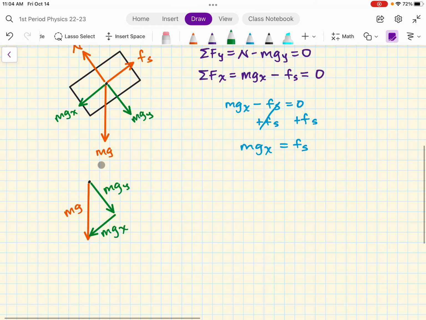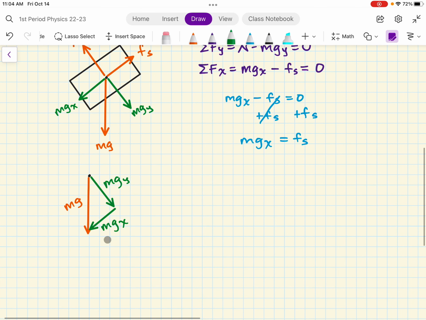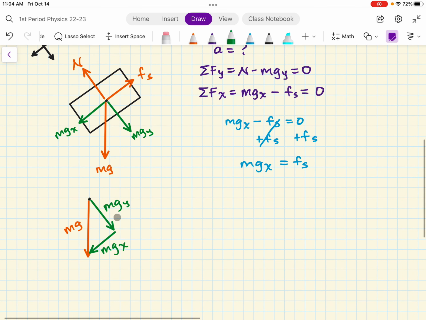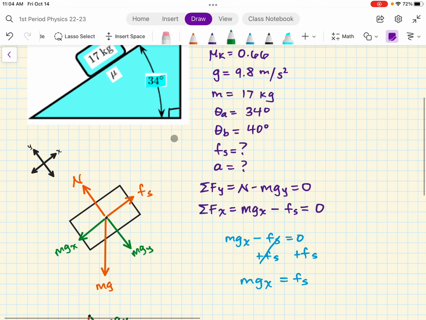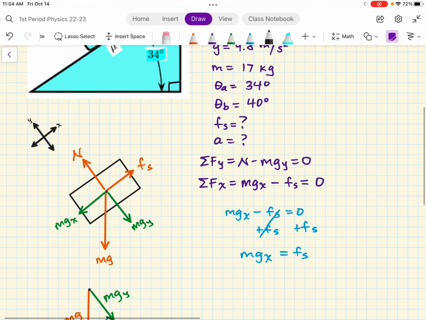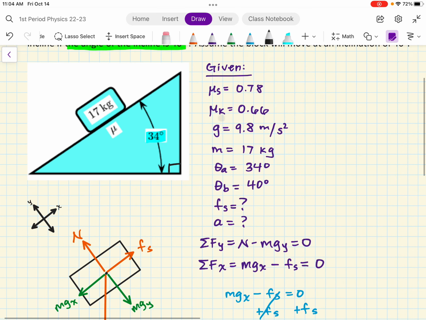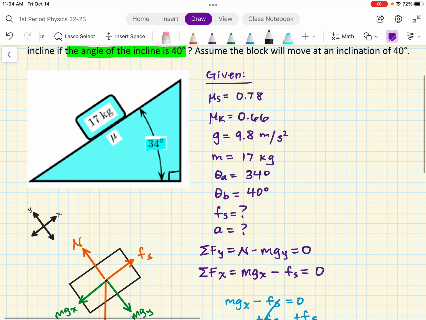This leg, this height, matches this one, and the bottom matches this. So our right angle is here. The right angle for this one is over here. That means theta A.